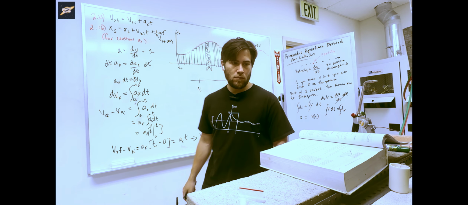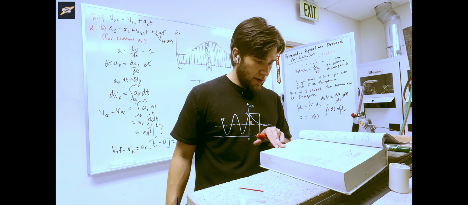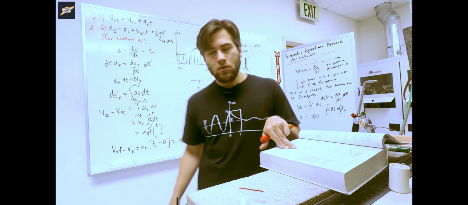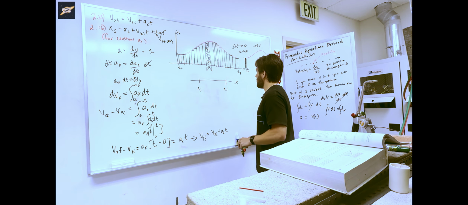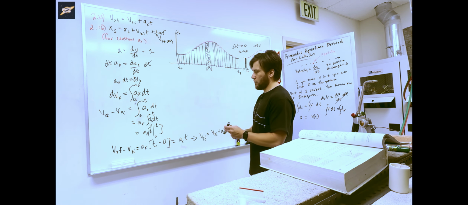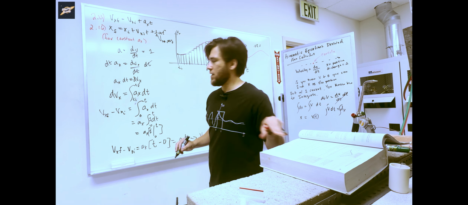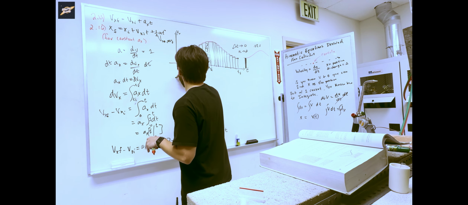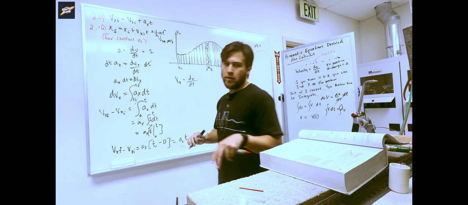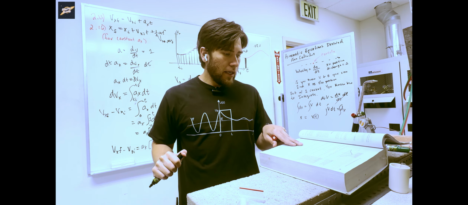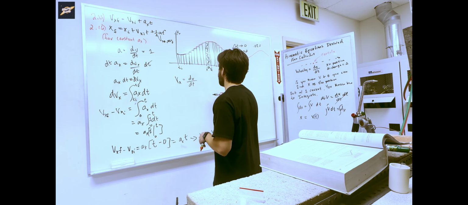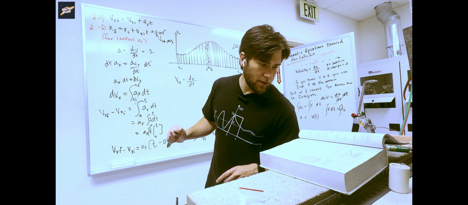Cool. Now let's find the other one. Let me erase this. We start off with the equation Vx equals dx over dt, and we do the same thing as before: multiply both sides by dt.